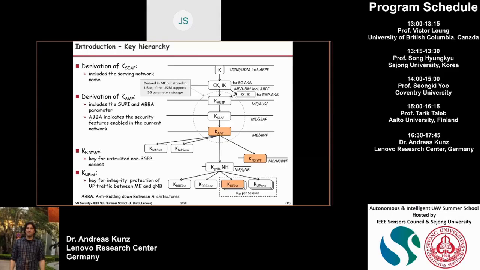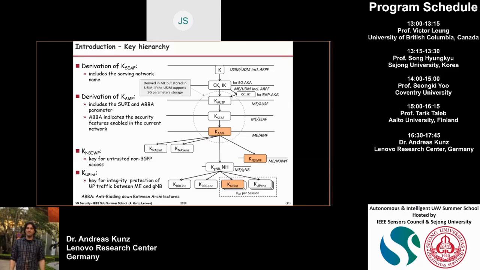So far, there's only one security feature possible, which is the 5G phase 1 indication. But this should prevent that you get bid down to any earlier generation of the mobile network.